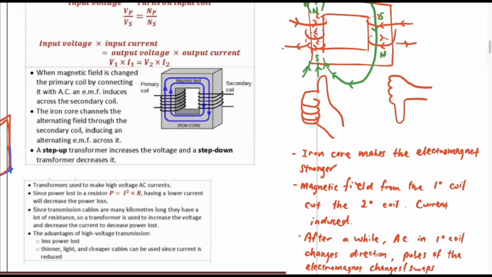That means after a while, the current will flow in this way: go in from here, turn, and then come out from here. Because of that, here becomes north, here becomes south. The direction will come out from here, go out, and go in from here. Everything turns opposite. So here will be south-north. The current will change direction.